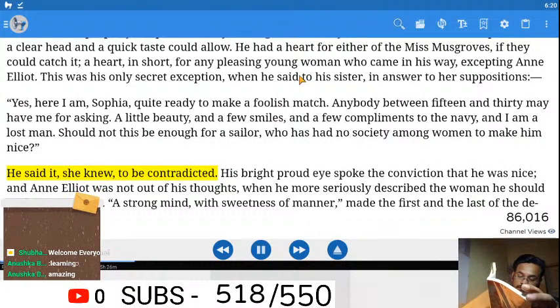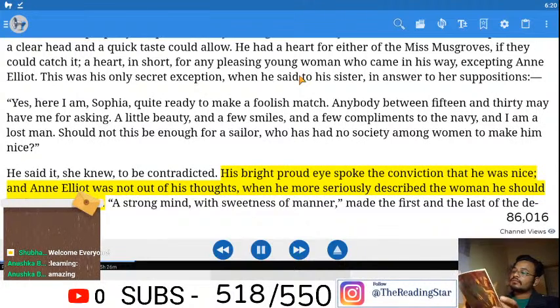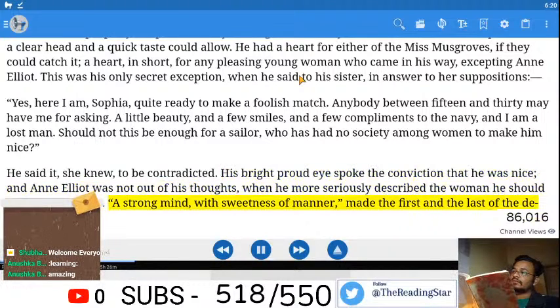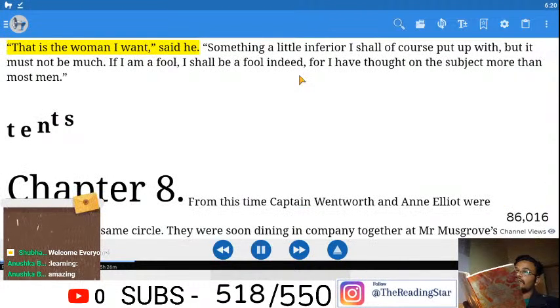His bright proud eye spoke the conviction that he was nice, and Anne Elliot was not out of his thoughts, when he more seriously described the woman he should wish to meet with. A strong mind, with sweetness of manner, made the first and the last of the description. "That is the woman I want," said he. "Something a little inferior I shall of course put up with, but it must not be much. If I am a fool, I shall be a fool indeed, for I have thought on the subject more than most men."